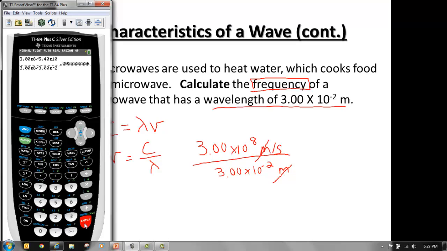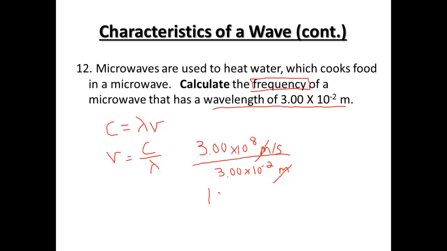Now this time when we calculate it out, notice a lot of times your calculator shows 1 times 10 or 1E to the 10th if you have a scientific or a graphing calculator. So we're going to write that out as 1 times 10 to the 10th.